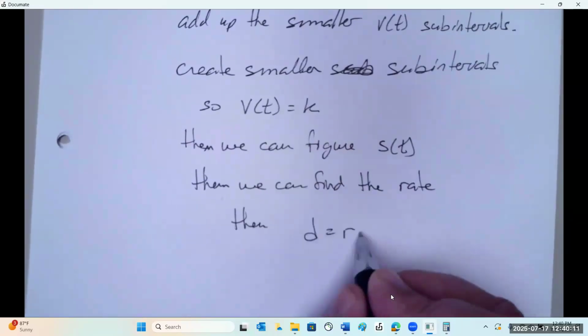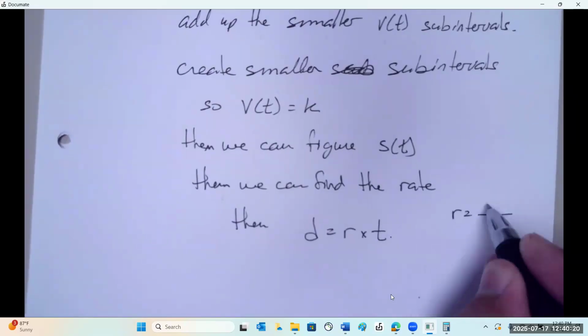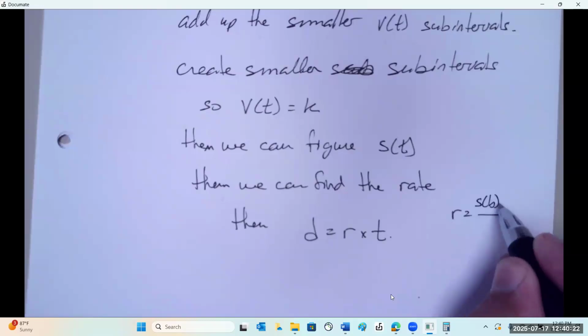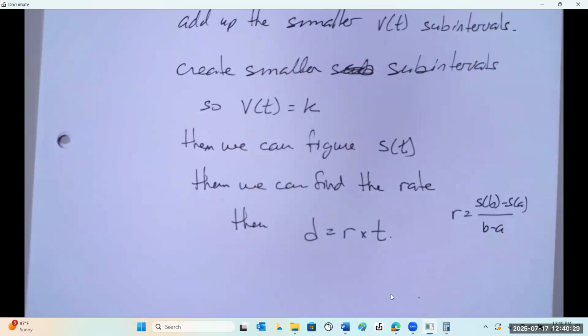Then distance equals rate times time. What is rate? Rate is S of B minus S of A over B minus A. It's the rate of change.